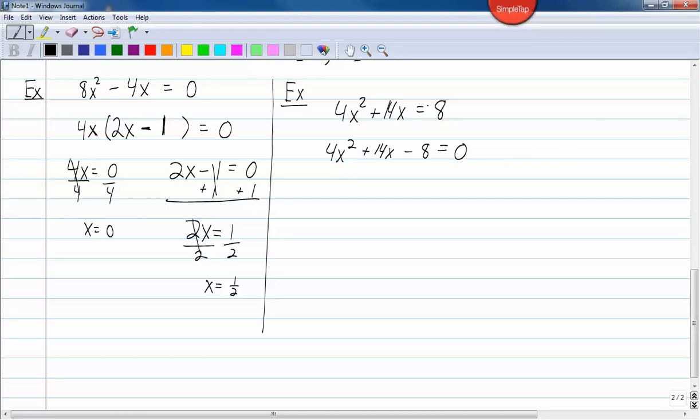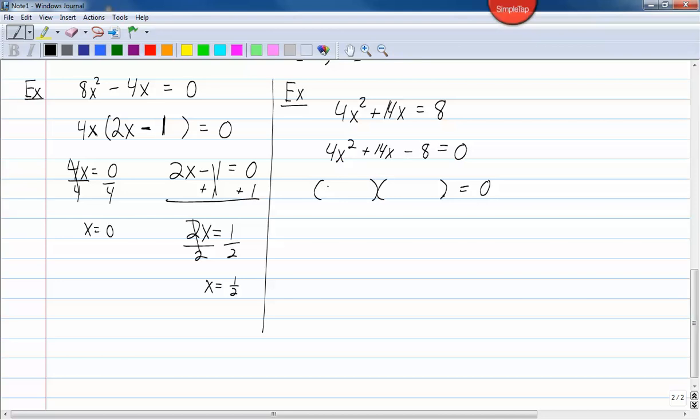Alright, and so now what I'm going to do is factor this using the trial and error method. And the way that you do that, you first split this number up, the 4x squared. You either split it up into 4x and x, or you split it up into 2x and 2x.